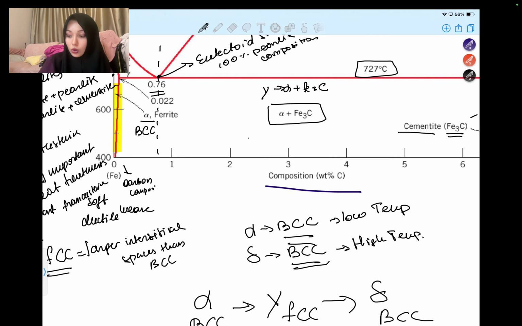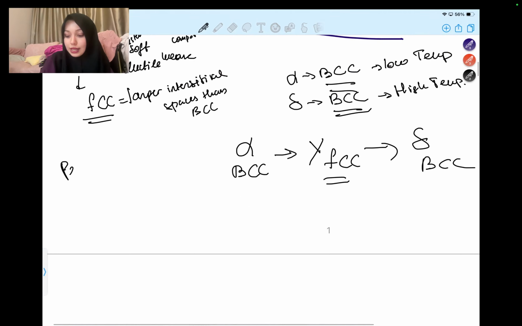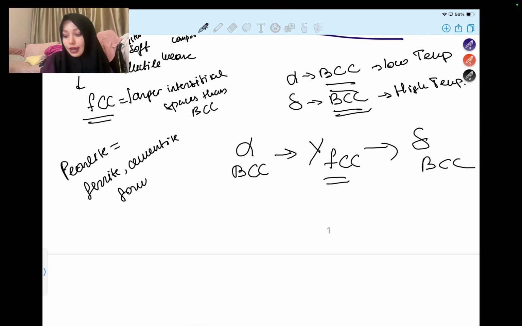It means austenite gives us ferrite plus cementite. But visually, ferrite and cementite form as alternating layers, okay? And that layered structure is called pearlite. So we can understand that pearlite means ferrite and cementite forming as alternating layers. So we would call it pearlite.